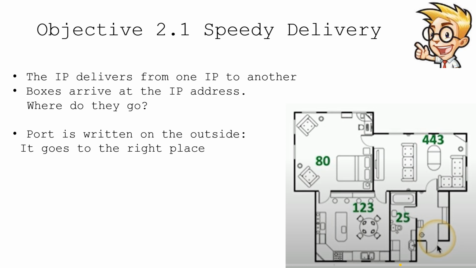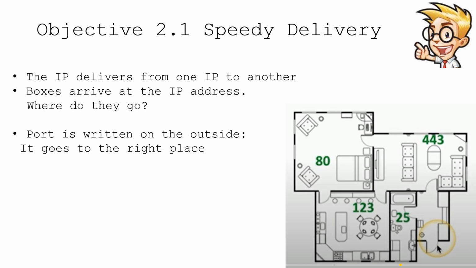So think of a network as a road, and all of these trucks are transporting boxes through the road, and they have a destination to go to. When the box is delivered, we have to determine the room that it's going to so it can receive the box. In the case of TCP and UDP, there's an additional piece of information that's added to all of those conversations, and that piece of information is a port number.